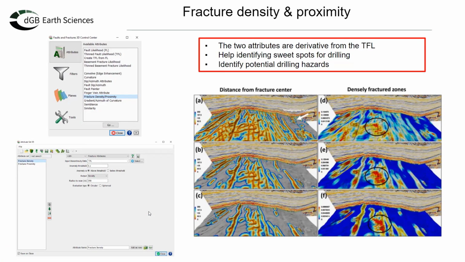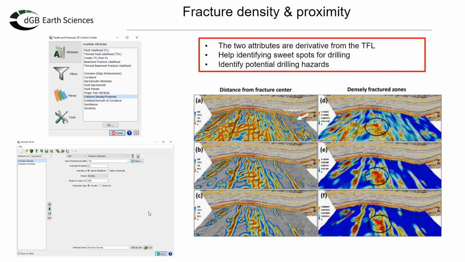If you are working in an unconventional data set, then we have two attributes that are derived directly from the thin fault likelihood: the fracture density attribute and the fracture proximity attribute. The fracture density tells you where you have highly dense fracture zones in your data, which might be the sweet spot you're looking for.